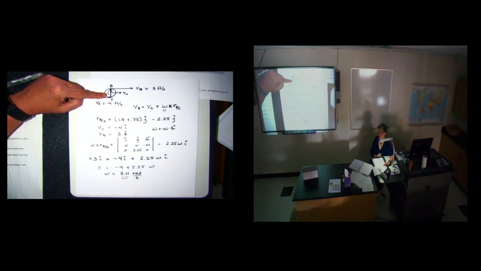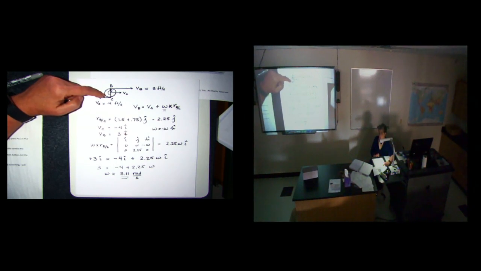And then, if we want to know VO, VO is going to equal VC plus omega cross ROC. And then this ends up being minus 4, and this is plus.